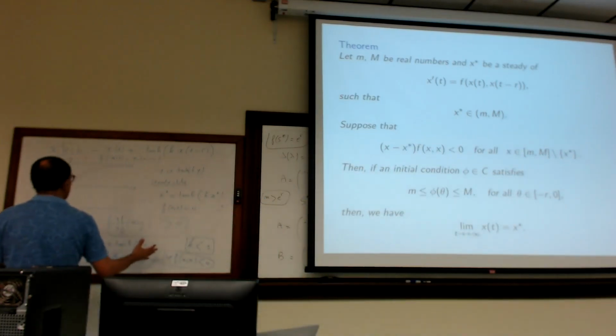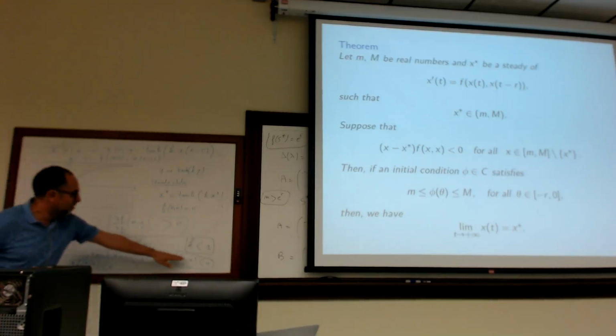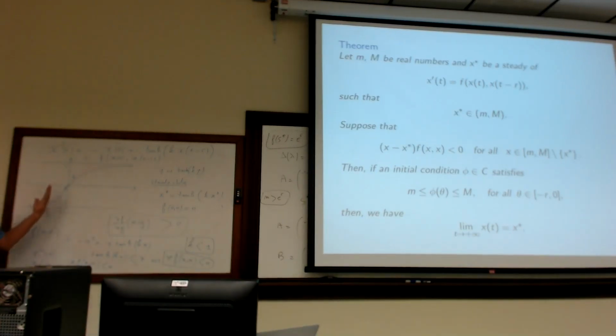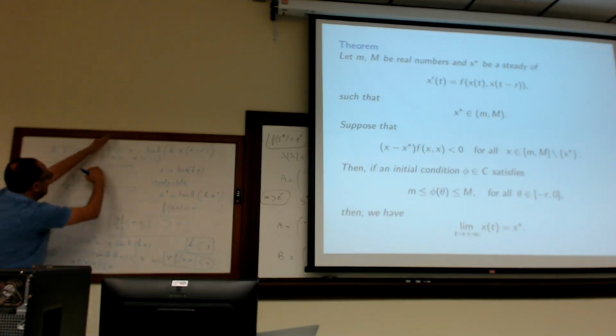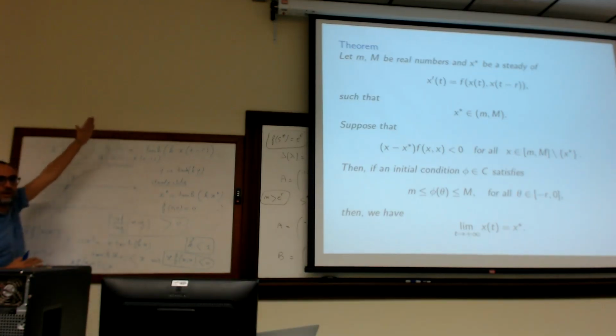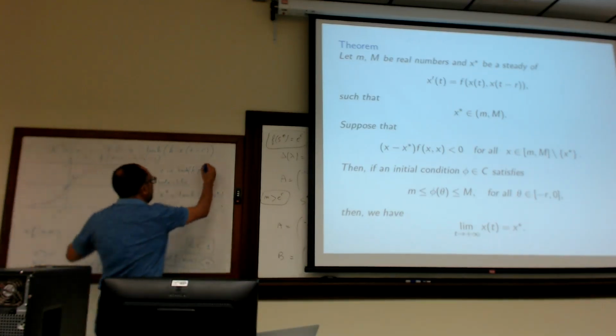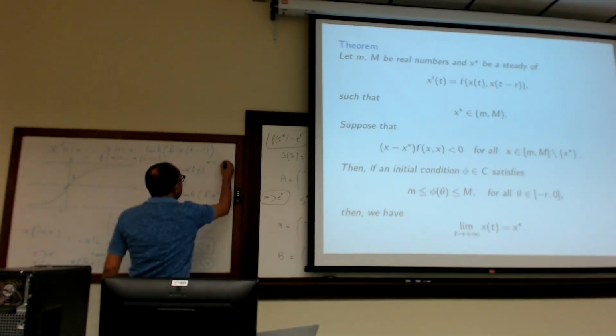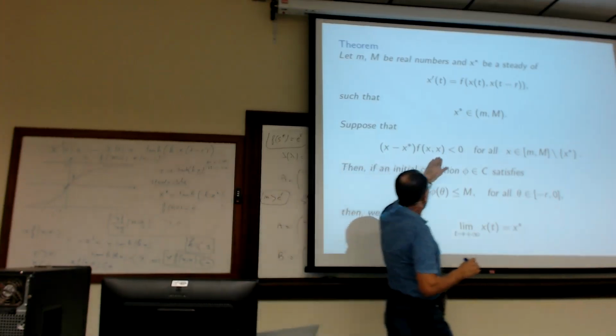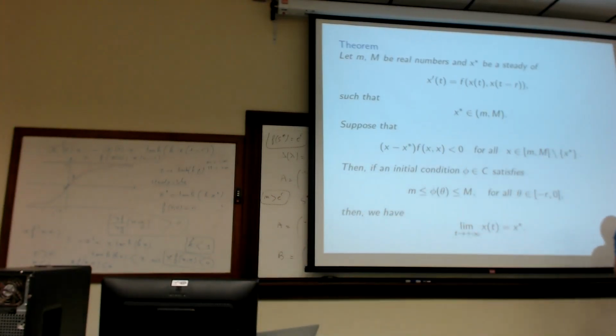It's minus infinity and plus infinity, because this one will be bigger than this one forever, and this one will be bigger than this one forever. Then small m is minus infinity and big M is plus infinity. That means this property is satisfied for all x between minus infinity and plus infinity.